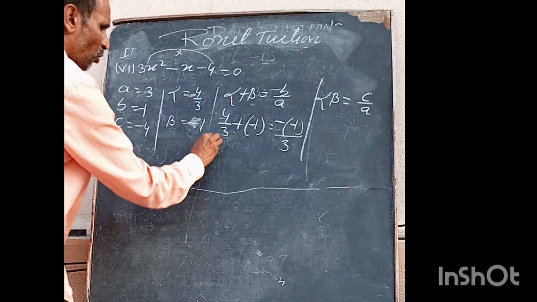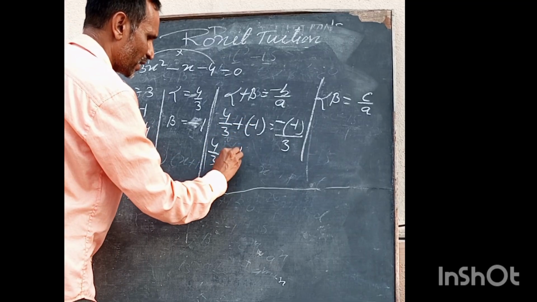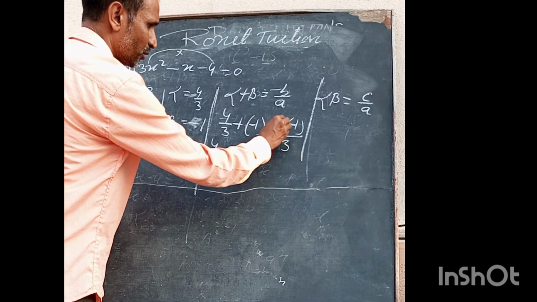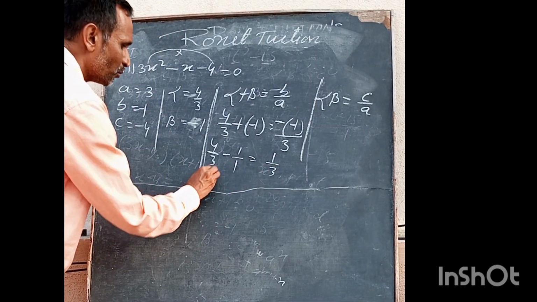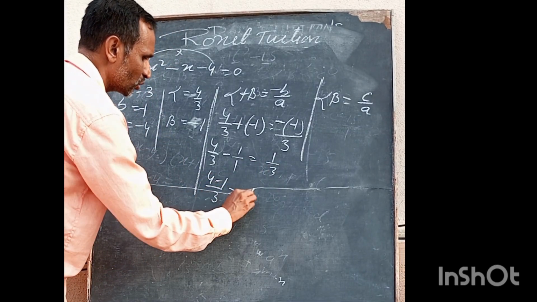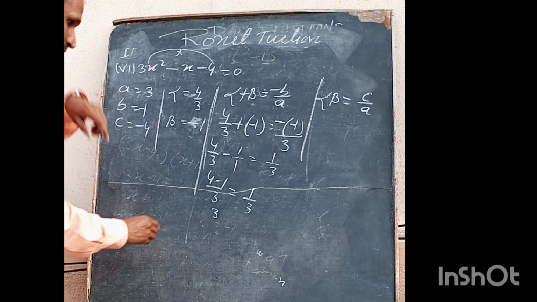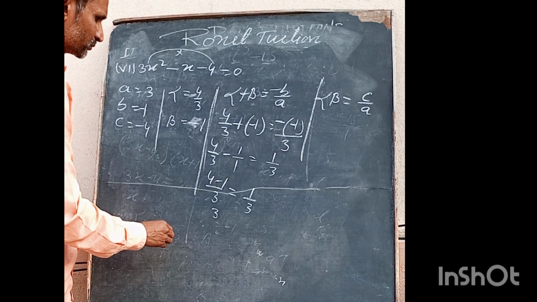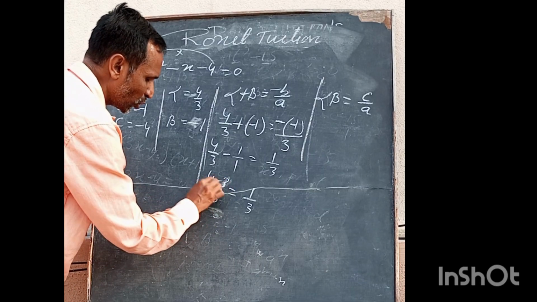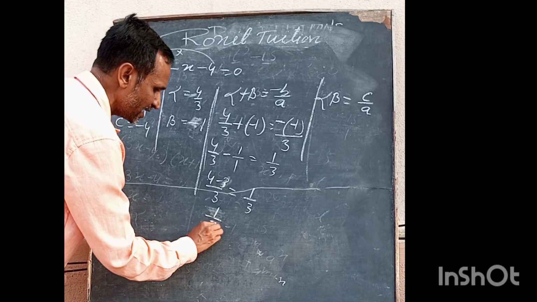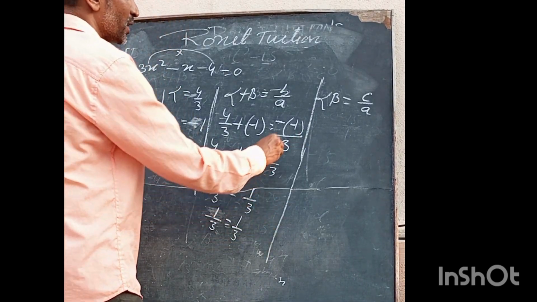Solving this, 4 by 3 plus minus 1 by 1 we can write. 4 minus 3 by 3 is equal to 1 by 3. Hence it is verified.